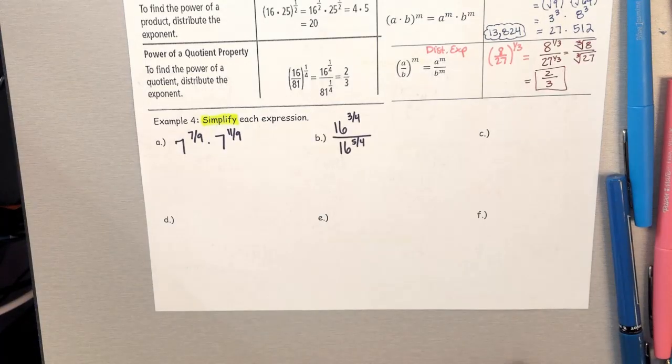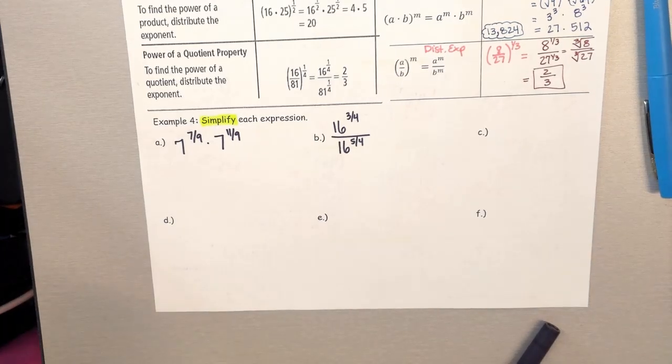Okay, I'm going to have you try A and B. So if you have the same base and you're multiplying, what do you do with those exponents?